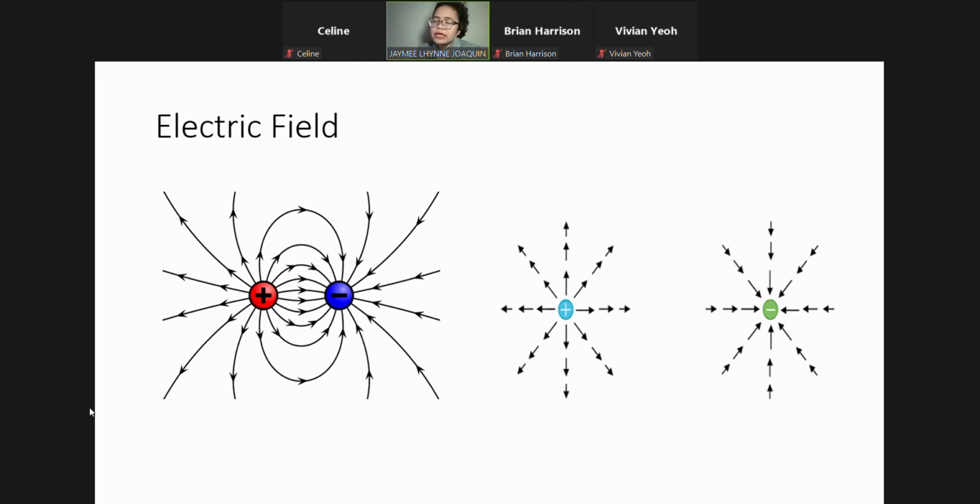Brian, why did you say that this is an electric field? Because it is showing the direction using those lines. It shows the direction of where a positively charged particle will go. Okay, very good.